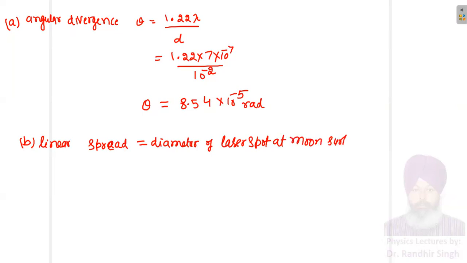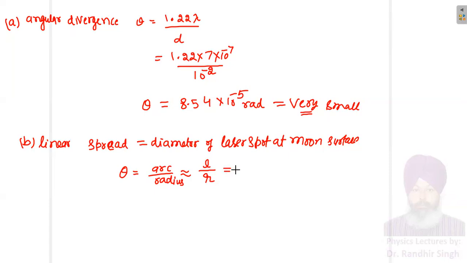Because this angle theta is very small, we can use the expression that theta is equal to arc upon radius, and the arc will be approximately equal to the diameter of the spot. It will be L upon R, where the radius is actually the distance between the moon and earth.